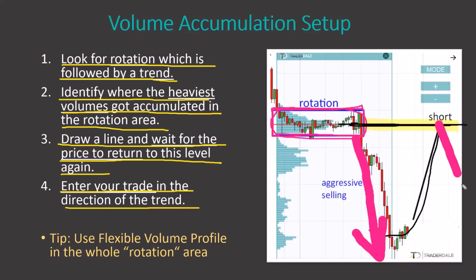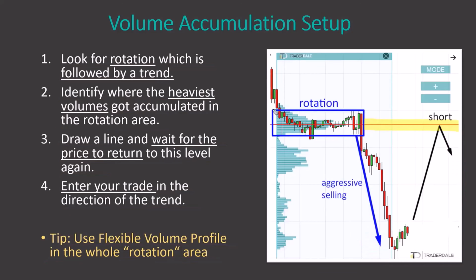So that's why you want to place a short from there. And that's the whole thing. That's the whole setup. Just make sure that you use the flexible volume profile in the whole rotation area. This whole rotation area, right? Because you want to see how the volumes were distributed throughout the whole rotation area.